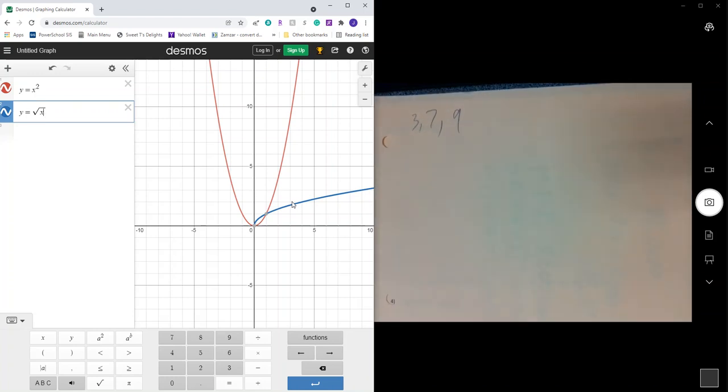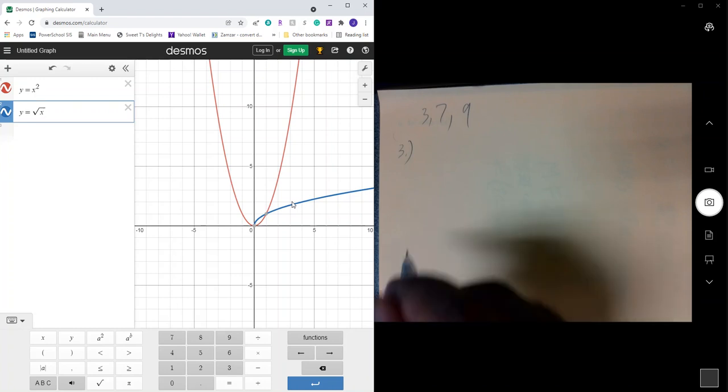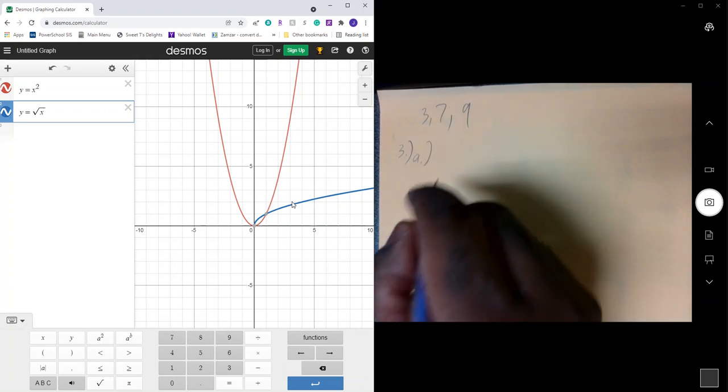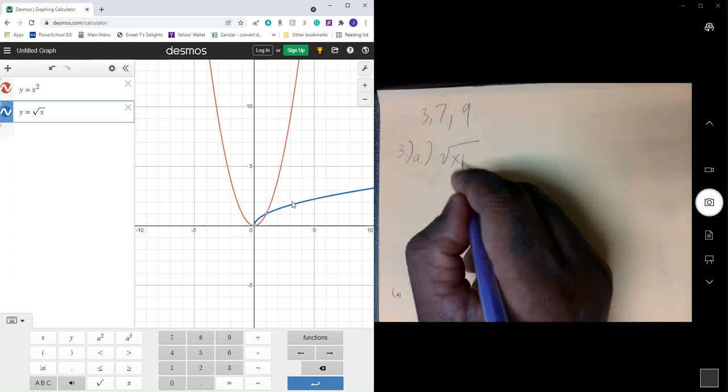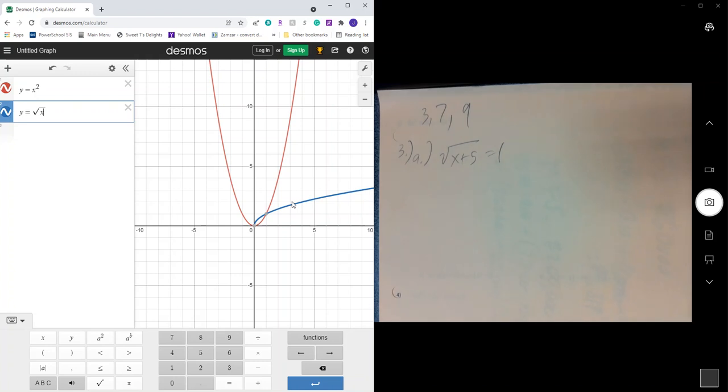Okay, so with that in mind, problem number 3 actually starts on page 568, and it says solve each of the following equations algebraically and by graphing. Be aware of any extraneous roots. Okay, so we had 3a. We had the square root of x plus 5 is equal to 1.